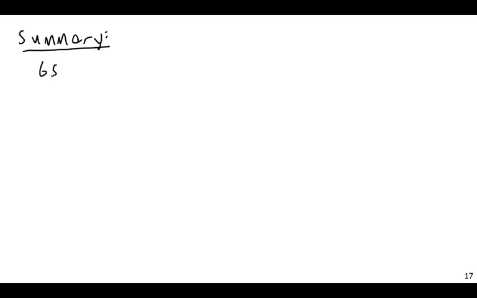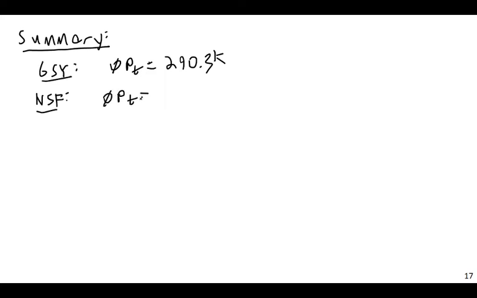Gross section yielding, GSY, phi Pn is equal to 290.3 kips. Net section fracture, phi Pn is equal to 295.0 kips.